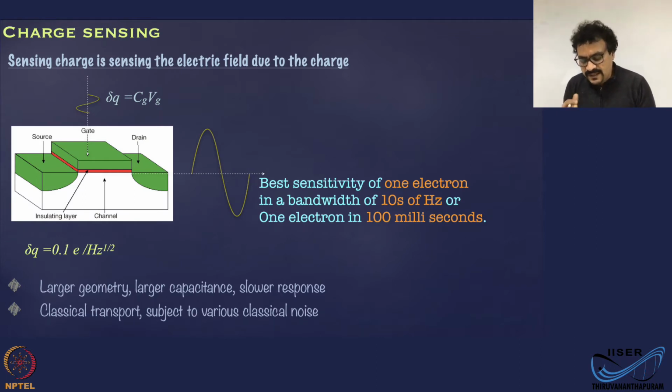So when we say charge sensing, what we are really sensing is the electric field due to the charge. Okay, so you have a change in the charge configuration, and what you are going to sense is a change in the electric field due to that charge.